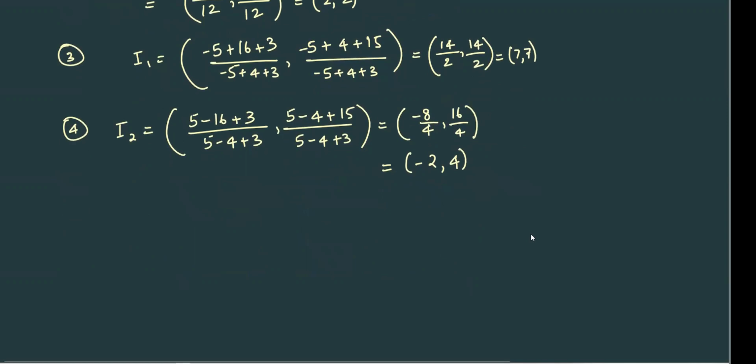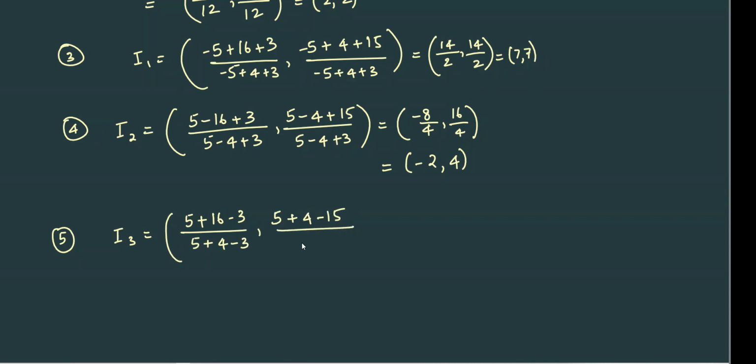Then X, the center opposite to vertex C, again. We'll get 5 plus 16 minus 3 by 5 plus 4 minus 3, then 5 plus 4 minus 15 upon 5 plus 4 minus 3.